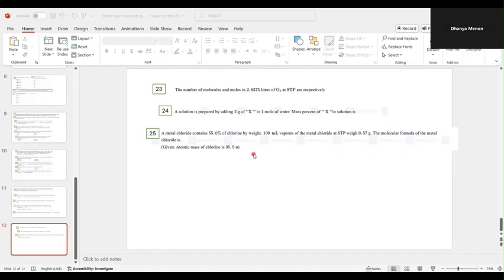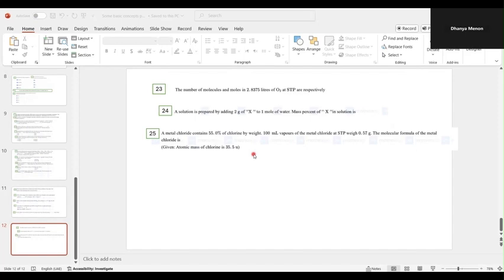Another piece of information is given: 100 ml of vapors of the metal chloride weighs at STP 0.57 grams. Okay, at STP.